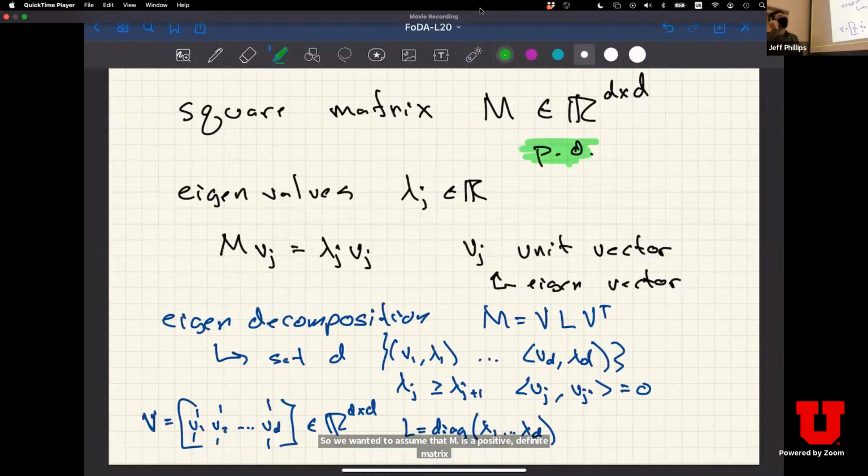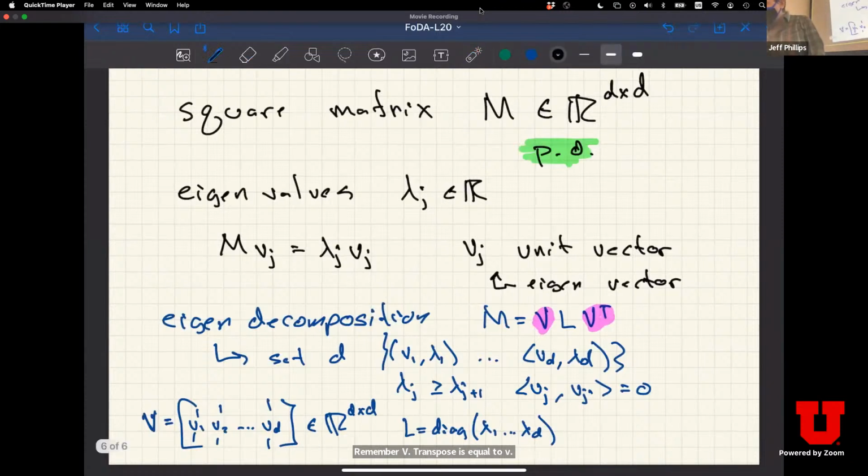Okay, and I can only apply this if it's square. I need V and V transpose to be on either side here. Remember, V transpose is equal to V inverse.